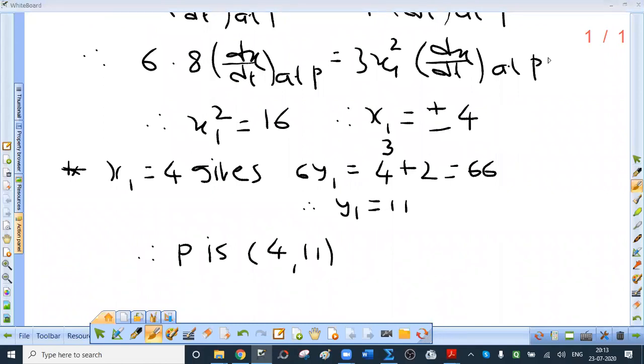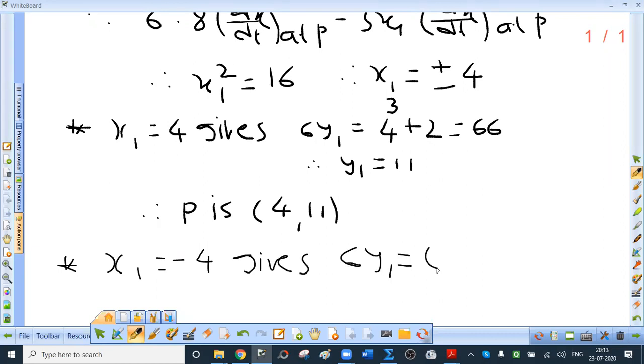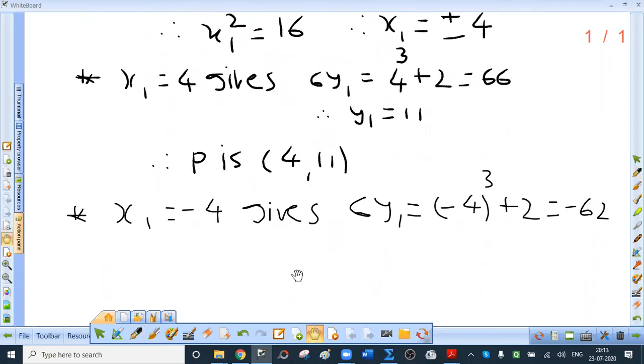Yes, plus or minus, I have considered both, but I have to consider them one by one, right? Then x1 equal to minus 4 gives 6y1 equal to minus 4 cube plus 2. Now it is minus 4 cube, minus 64 plus 2 is minus 62. So tell me what is y1 from this.